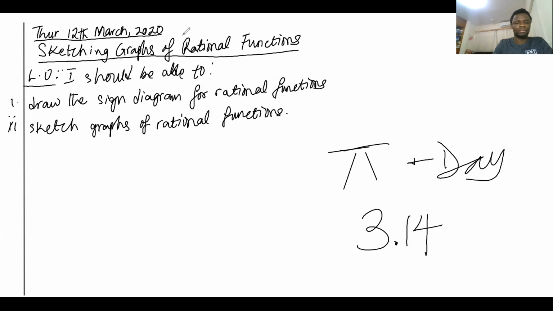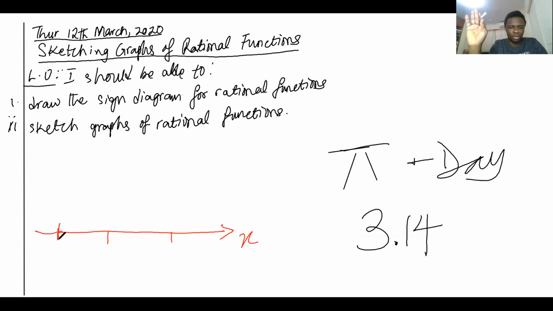A sign diagram is a straight line, like a number line, which tells us within certain regions whether the curve is on the positive y or the negative y. That's what it's about.